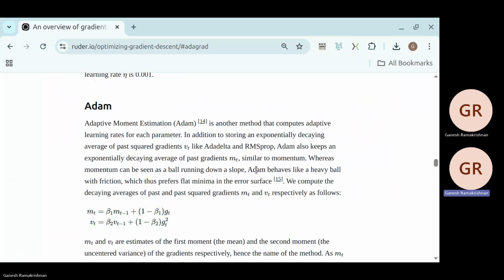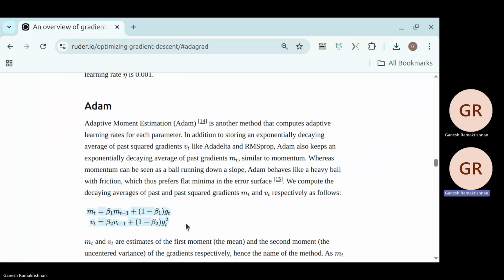So I think it's nicely articulated. Momentum can be seen as a ball running down a slope. Adam behaves like a heavy ball with friction. Okay, there's a little bit of friction. So these m t are basically now decaying averages.